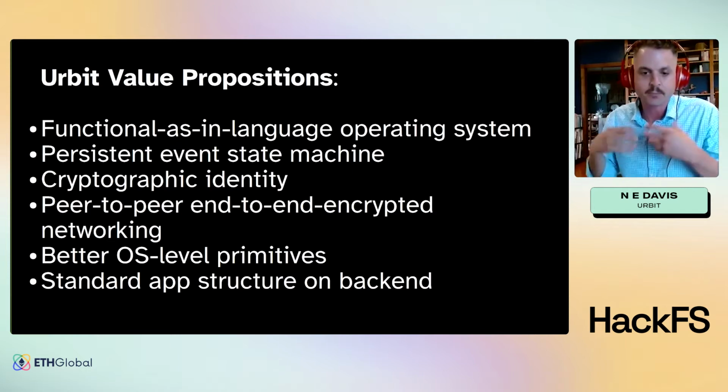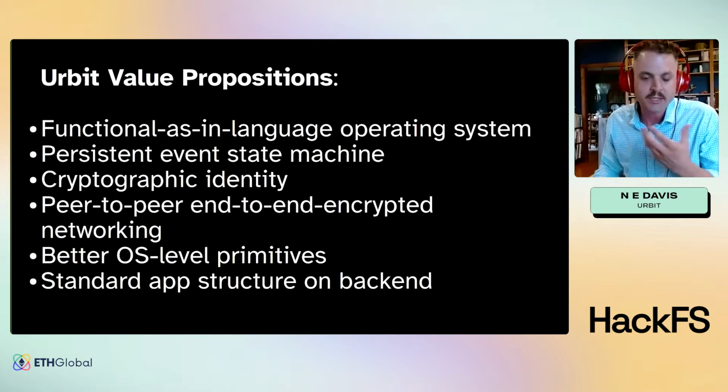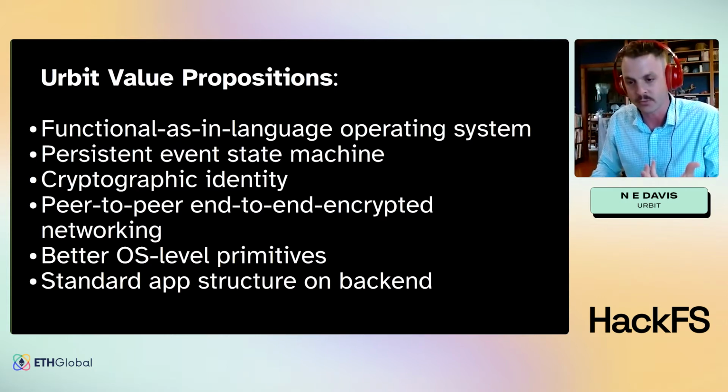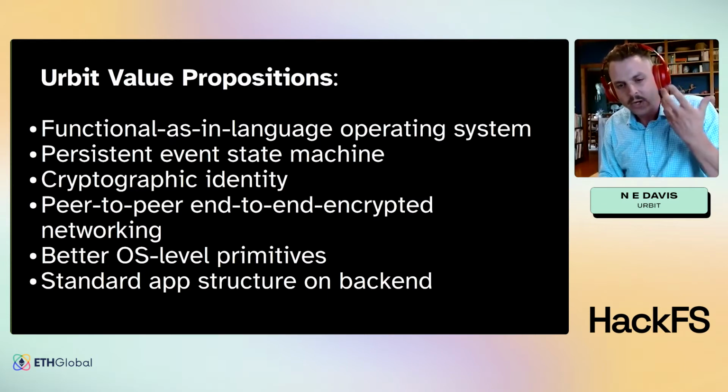It also means that in principle, whatever state you get your operating system into is understandable, and you can find exit paths and adaptation paths and upgrade paths that can restore it if you've gotten into some kind of unworkable state. And there are a lot of advantages of having a functional as in language OS in this sense. That's the Urbit OS component.